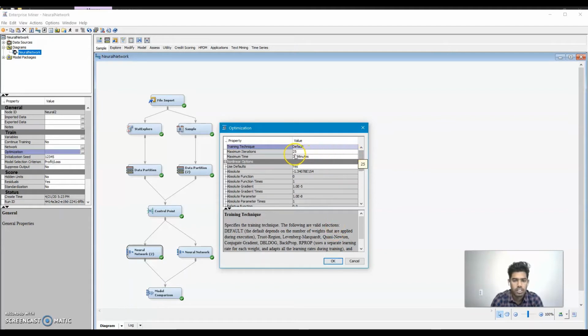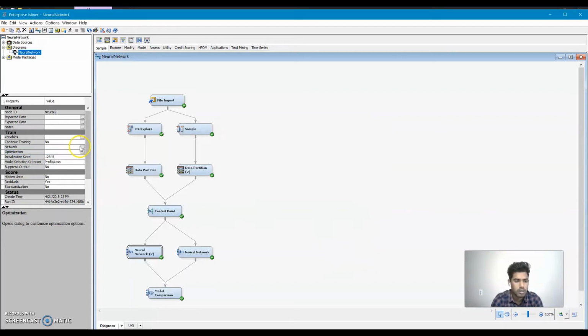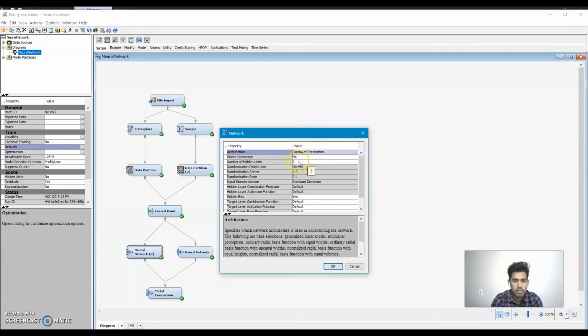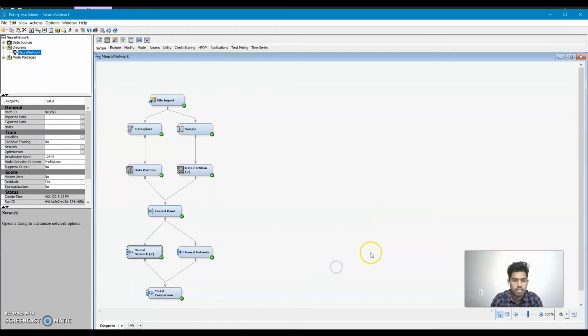We can also alter the maximum iteration and maximum time. And in the network, we can alter the number of hidden units our hidden layer should contain. The more units, the more complex our neural network becomes, and it will take a lot of time to compute the results.